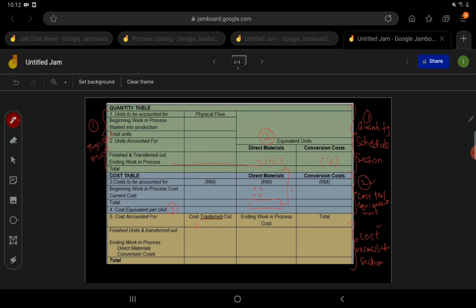This is the formula or step, and the last step we compute ending work in process. Okay. The same thing but in different presentation.